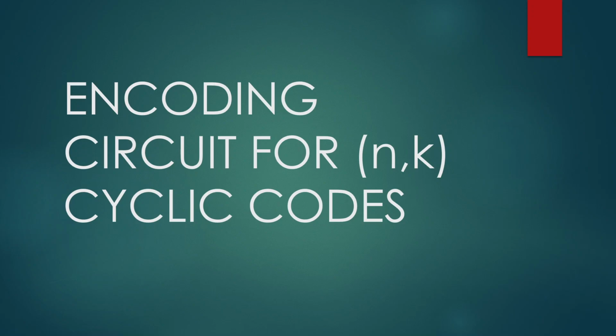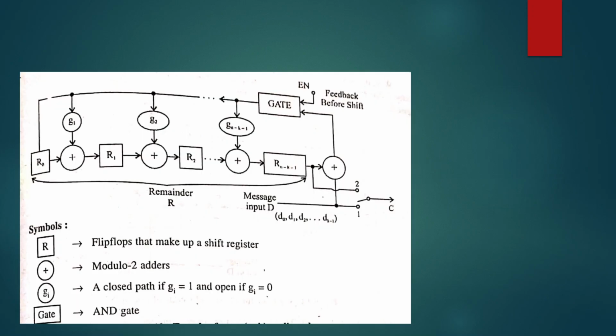In this particular video we are going to look at the circuit that is used for the encoding purpose. Since we need a proper structure for the code word that is going to be generated, this encoding circuit will be implemented on the basis of the systematic form.